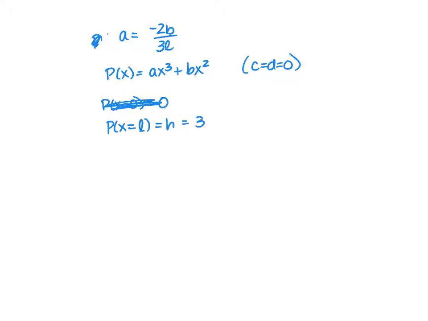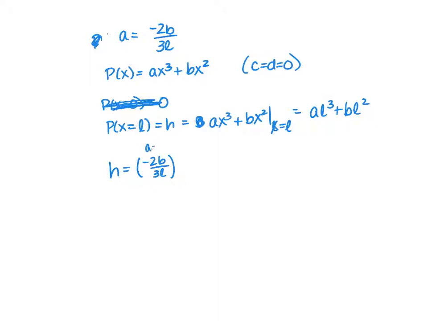So I got ax cubed plus bx squared, and I'm going to let x equal L. But I can substitute in for a, so I'm going to have h is equal to minus 2b over 3L, because that's what my a was from up here, times L cubed plus bL squared.